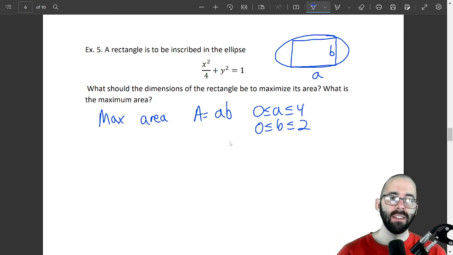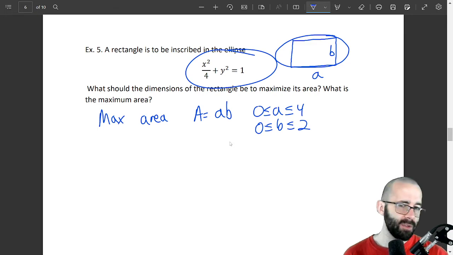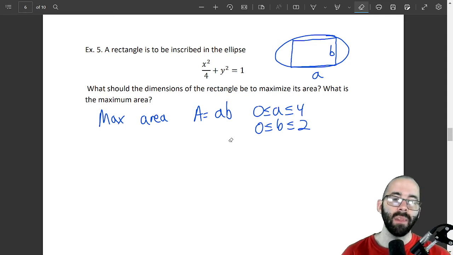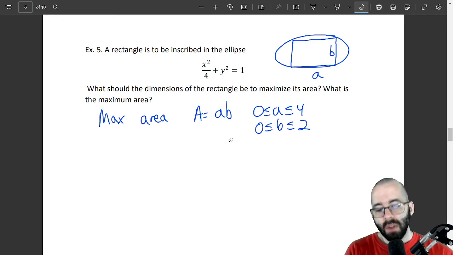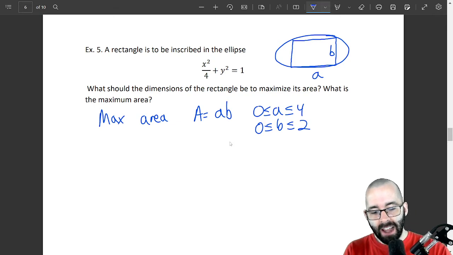Now our constraint, that's something a little bit weirder, because you might just think, oh, let's just use this as our constraint equation. We have to make sure that that makes sense, or maybe we have to adjust this a little bit. Okay, A and B are not necessarily the same things as X and Y. All right, so what we have here, let's look at the points of this rectangle.